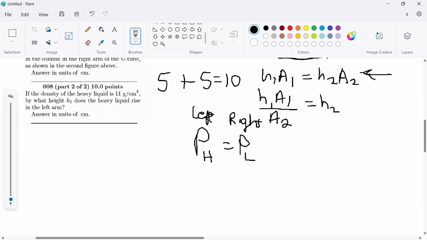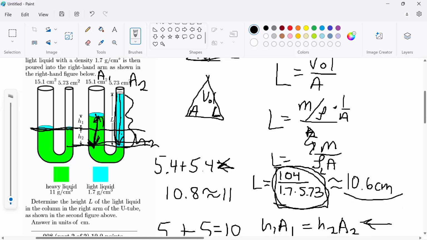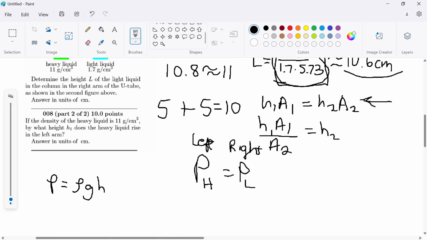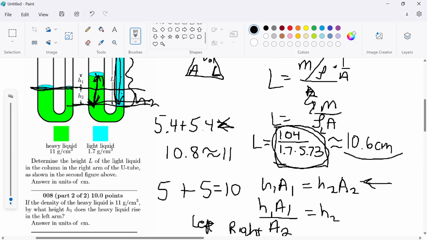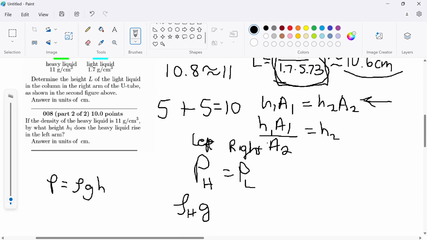Well, what is pressure? Pressure equals density times the acceleration due to gravity times the height. So let's look at the heavy liquid. It's going to be the density of the heavy liquid times the acceleration due to gravity, G, times this height of heavy liquid, which is H1 plus H2.